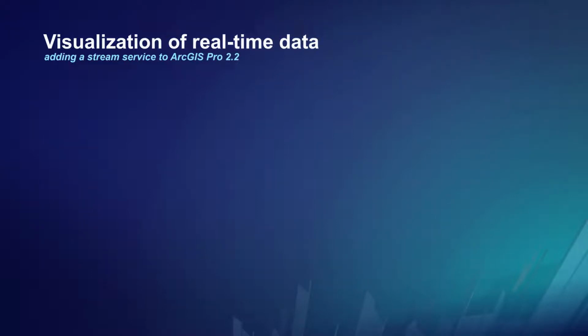Now, with the most recent release of ArcGIS Pro, we added the capability to incorporate stream services into that application. So this is something that people have been waiting for a long time and been asking for.